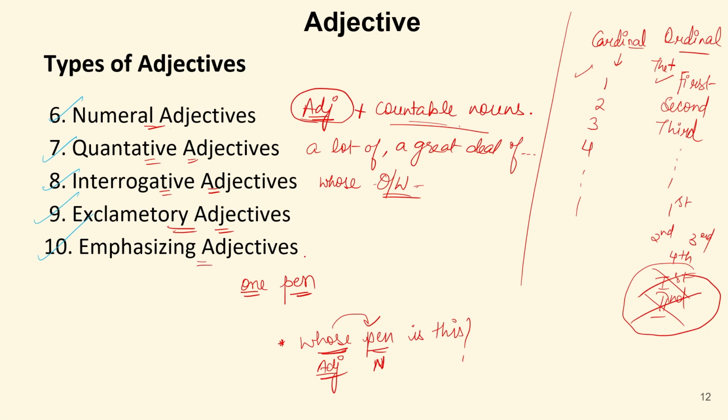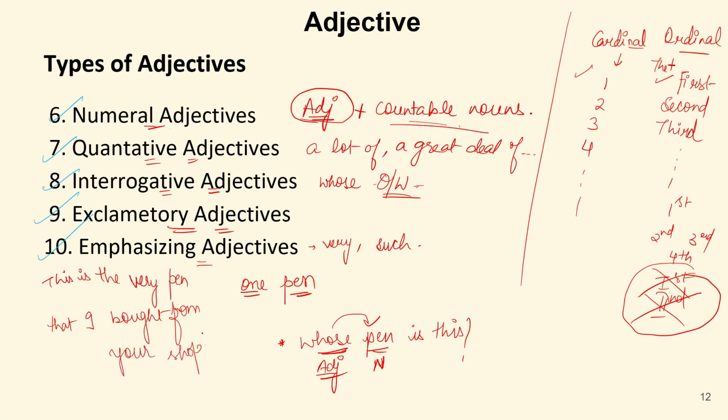Emphasizing adjectives are the words that emphasize. For example, we use words like very, such, and so on. For example, if I say this is the very pen that I bought from your shop. Now, in this sentence, look at the word very. We are not using very to state the quantity of something.